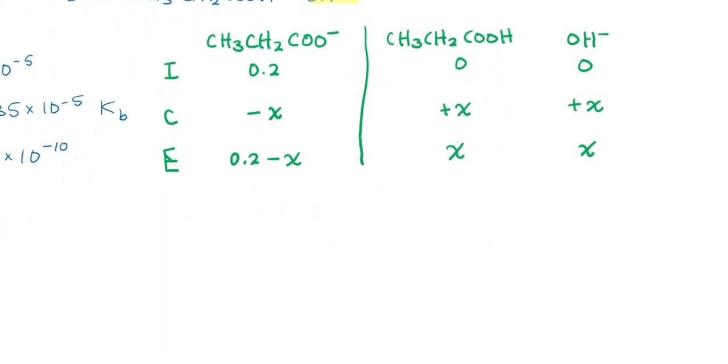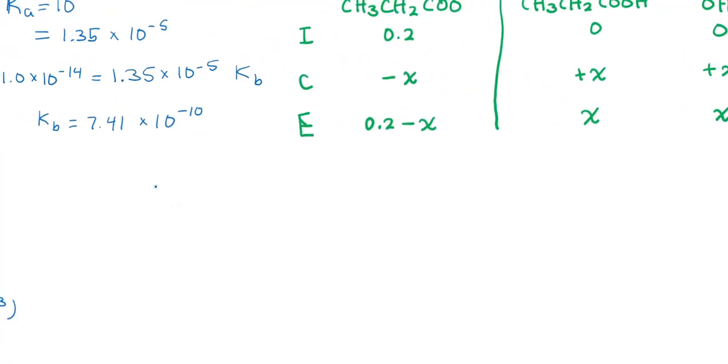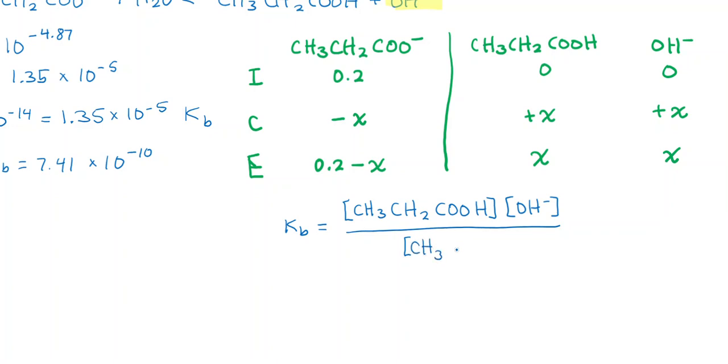So now, just as before, we're going to use the formula. So that formula is going to be Kb equals CH3CH2COOH times OH minus over the conjugate over the base.